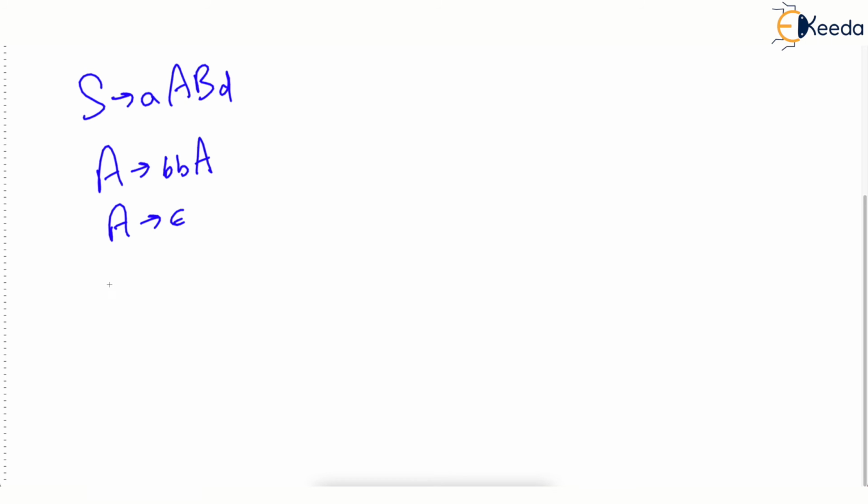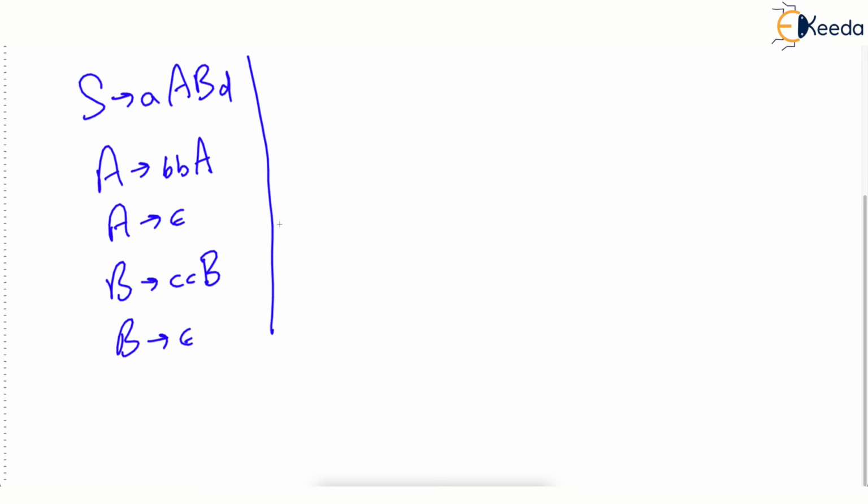By the way, this was the original grammar we had: S derives ABD, then A derives BBA, A derives epsilon, correct? Then B derives CCB, and B derives epsilon, and that's it. That was the original grammar. And what is the simplified grammar that we got?